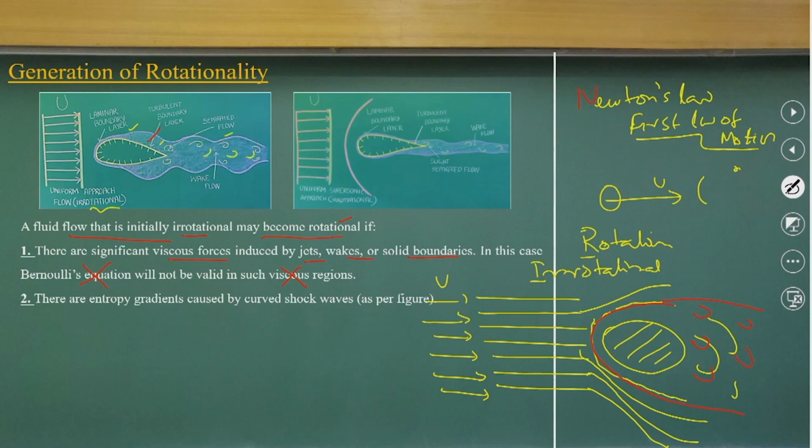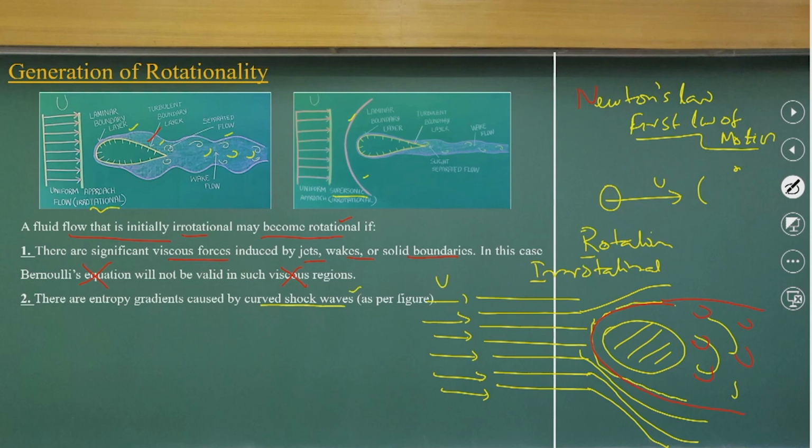You can look at how the behavior happens. This is at subsonic levels, but in supersonic flow you will have a shock wave, and curved shock waves also change entropy gradients. That is the second condition.